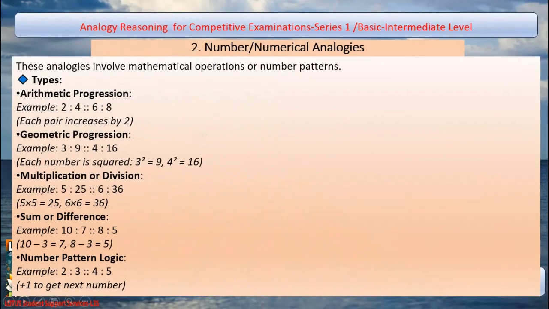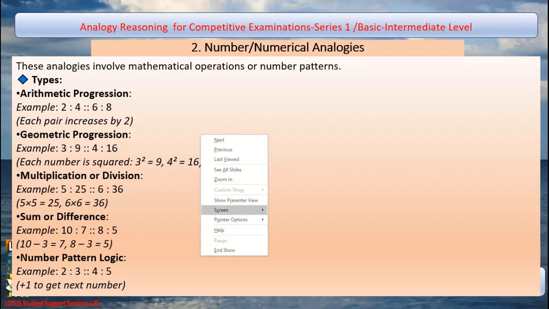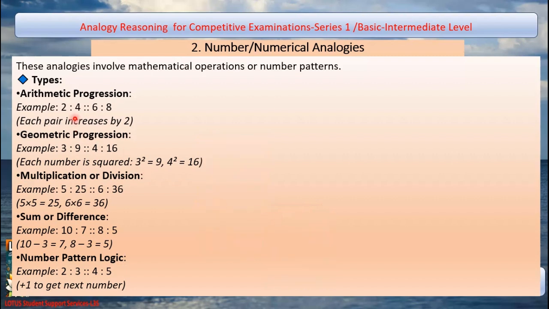Then numerical analogies will be mathematical operations or number patterns. Arithmetic progression: 2 is to 4, and 6 is to 8. Here you can see 2 plus 2 is 4, 6 plus 2 is 8. So each pair is increased by 2.